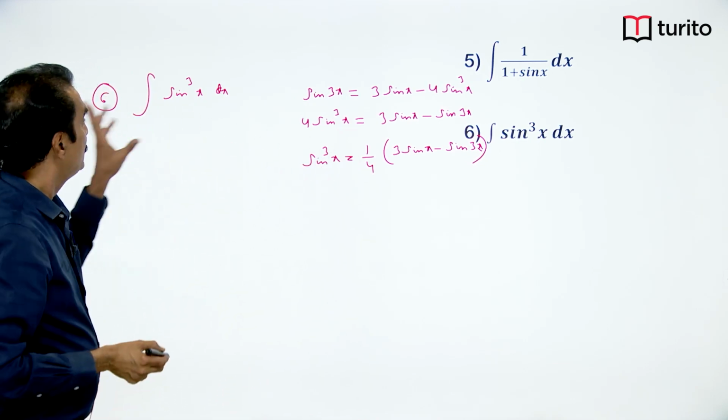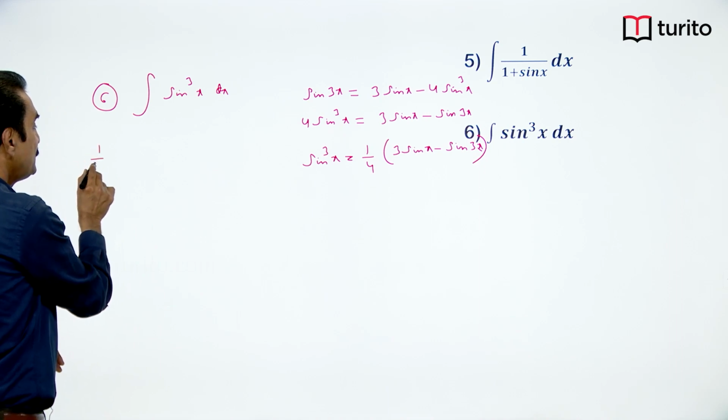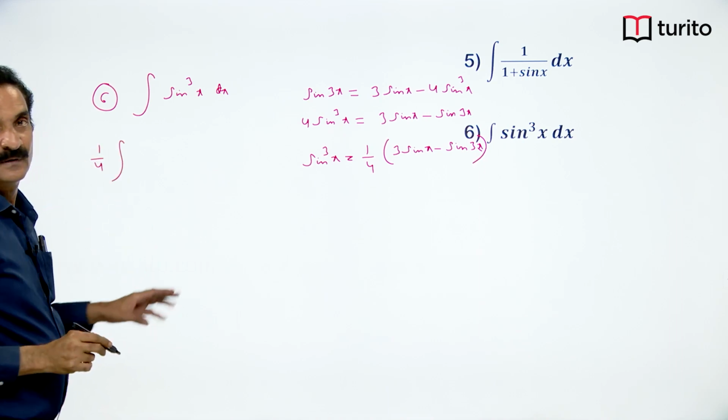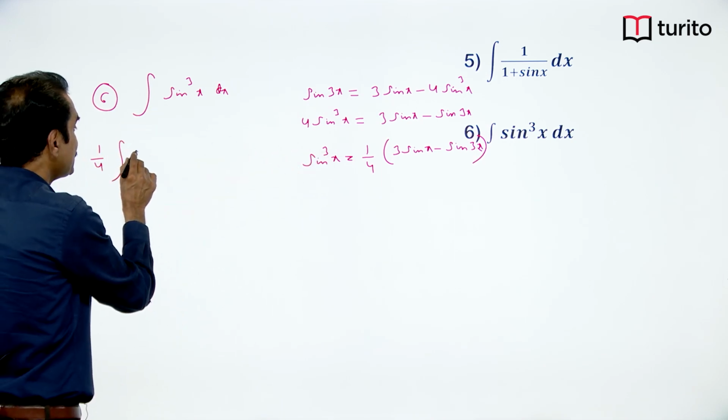Now write sin cube x using that formula. We can write 1 by 4 outside the integral, and remaining is 3 sin x minus sin 3x.